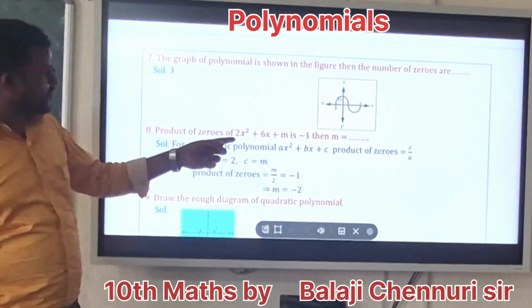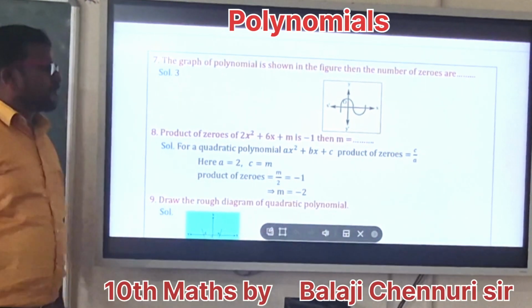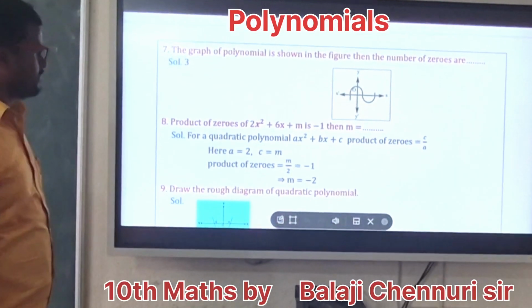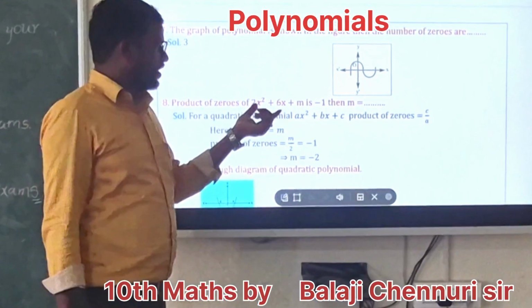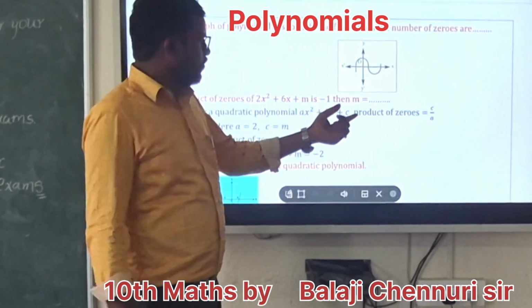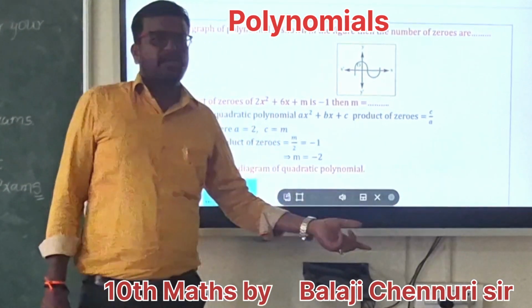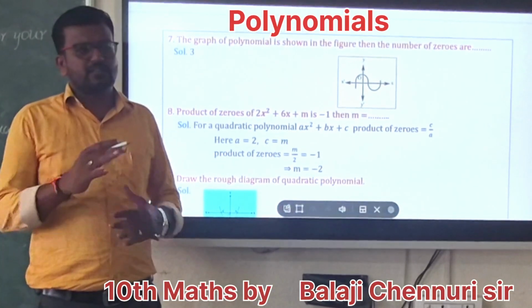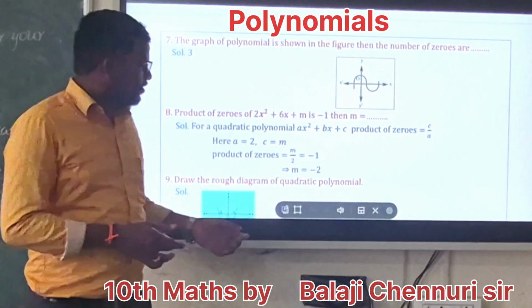Okay, the product of zeros of 2x square plus 6x plus m is minus 1. Then what is the value of m? This is a quadratic equation. First, what is the product? C by a. What is the sum of the roots? Alpha plus beta is equal to minus b by a.